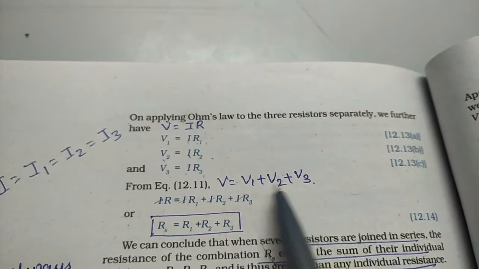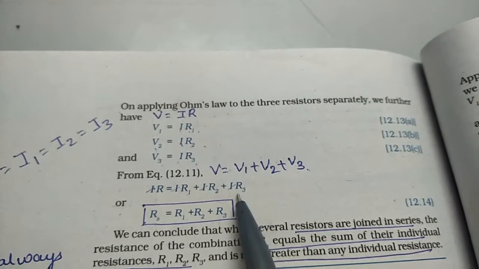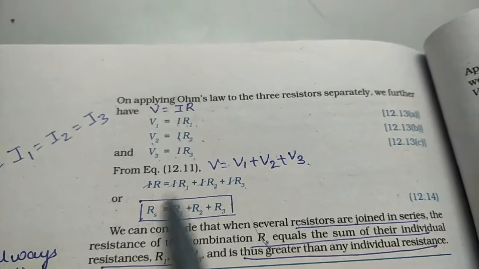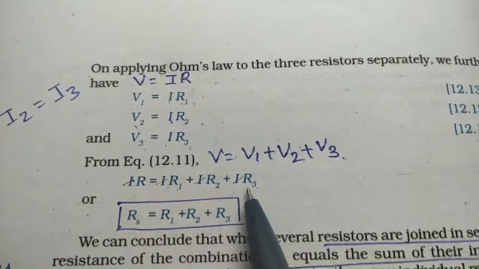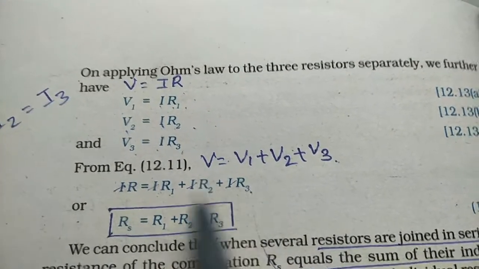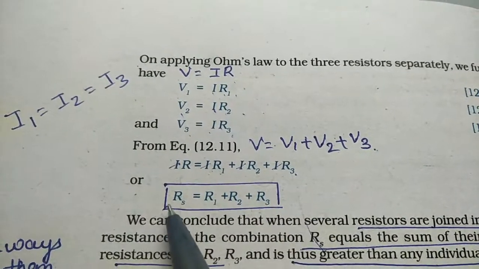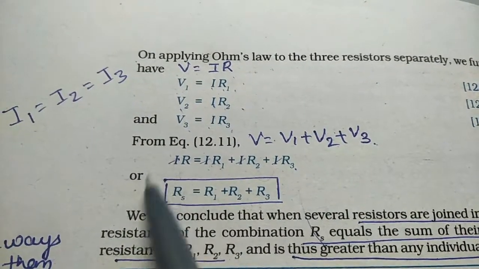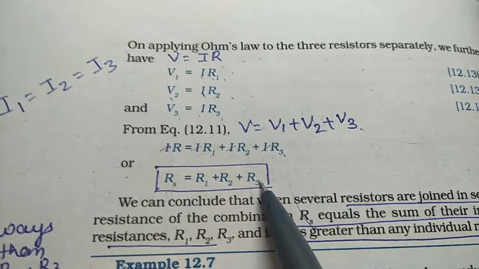If I add V1 plus V2 plus V3, it will be IR1 plus IR2 plus IR3. So V is equal to IR, which is equal to IR1 plus IR2 plus IR3, and I gets cancelled because they are all the same. So we get the total resistance R of series is equal to R1 plus R2 plus R3.